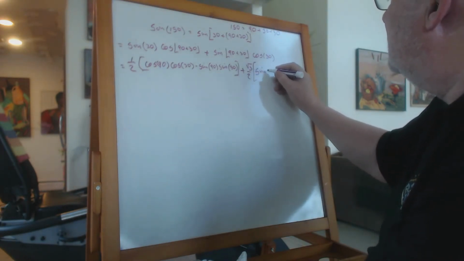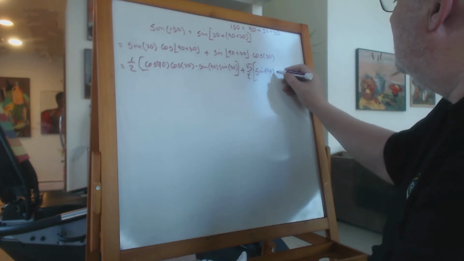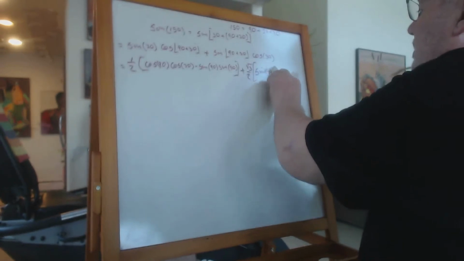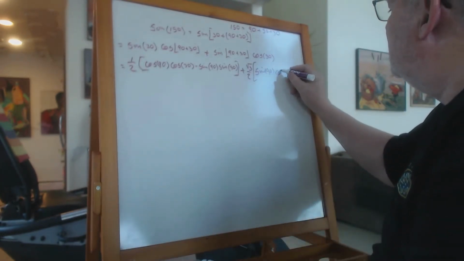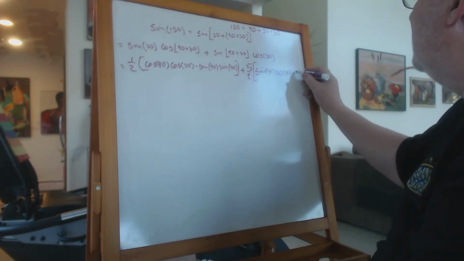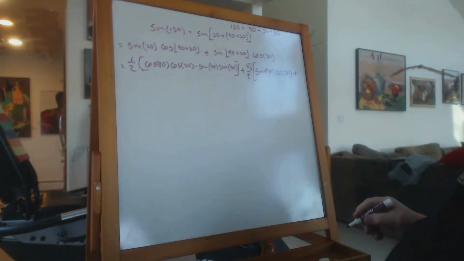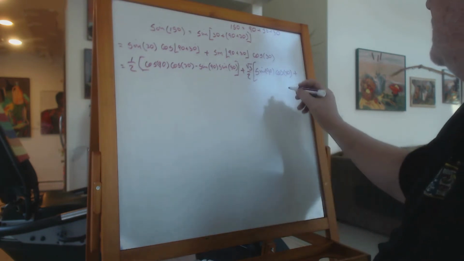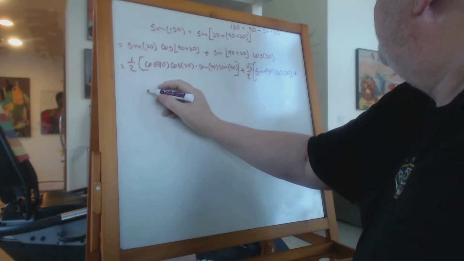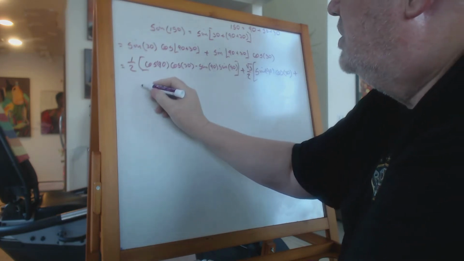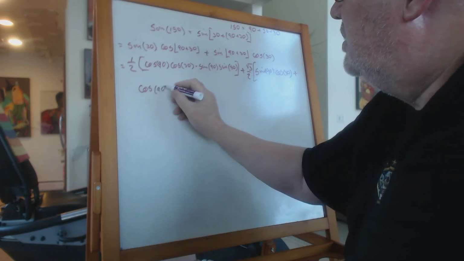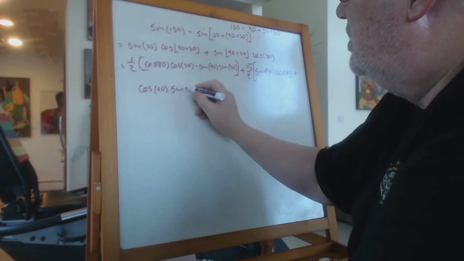sine 90 cosine 30 plus, and we're out of room, okay, plus cos 90 sine 30.